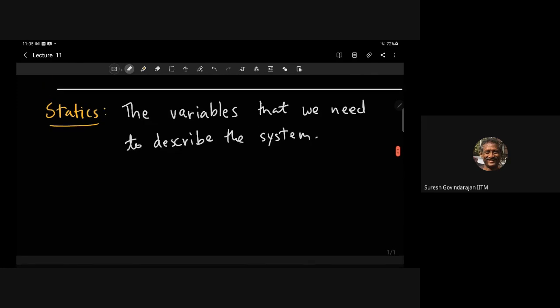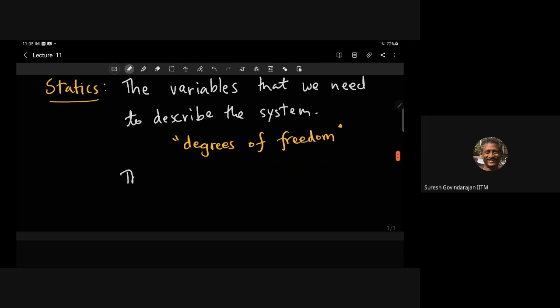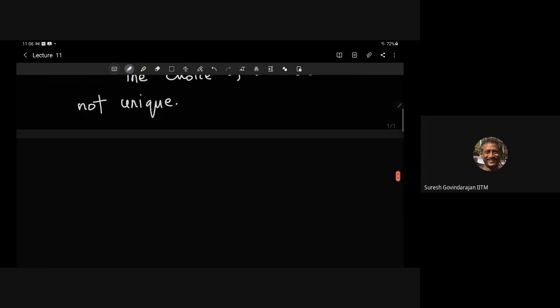The physics word for this is degrees of freedom. And of course, the variables need not be unique. Choice of variables. So the question is, how do you do this?